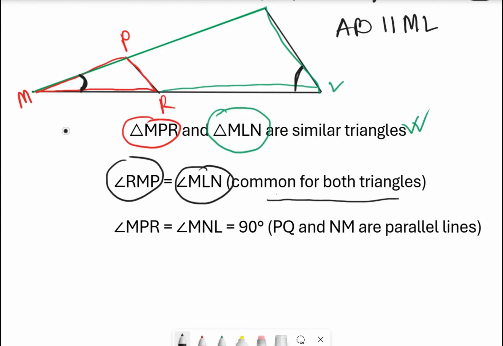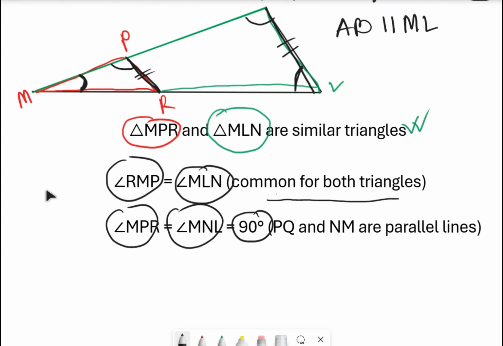And angle MPR and angle MNL are equal, and they are 90 degrees each. Why? Because this PQ line and this NL line are parallel lines to each other.